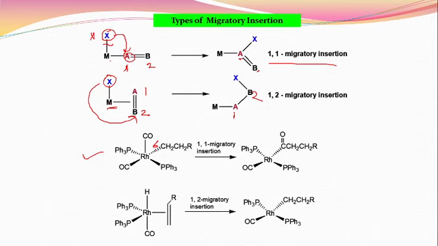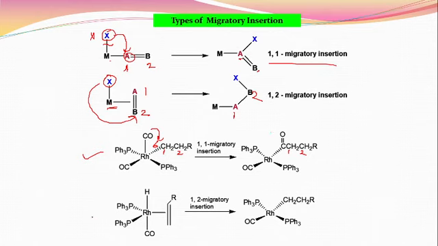Then this CO is migrated to carbon number 1. This is carbon number 1 and this is carbon number 2. This type of insertion is called a 1,1 migratory insertion. The carbonyl is inserted to carbon number 1, forming the bond between the metal and carbon number 1. That is called a 1,1 migratory insertion.